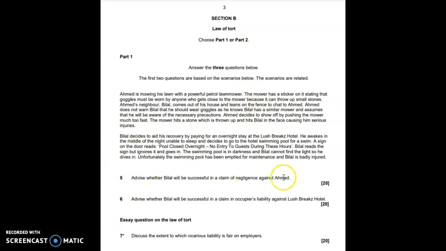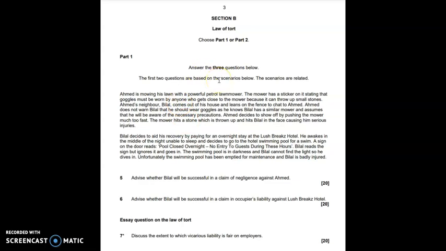To answer that question well, you would need to apply the 3 elements of negligence: duty of care, breach of duty, and damage. And so to start off with on duty, you'd be talking about the Caparo test and that it's reasonably foreseeable, this event that's occurred.